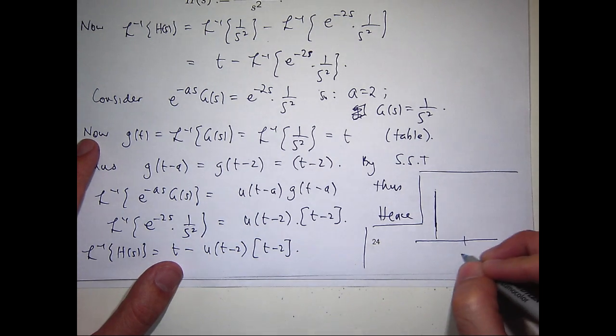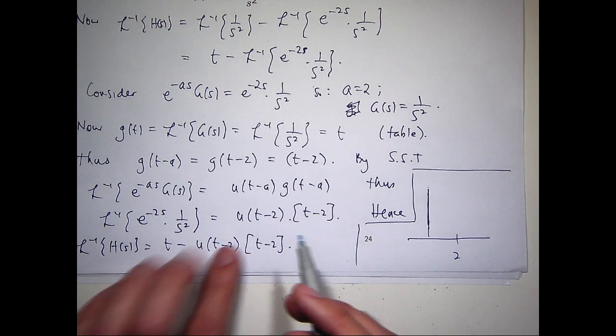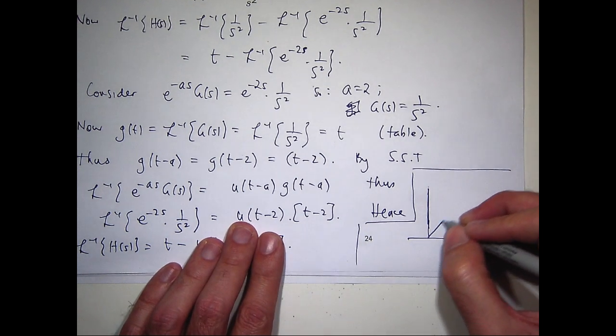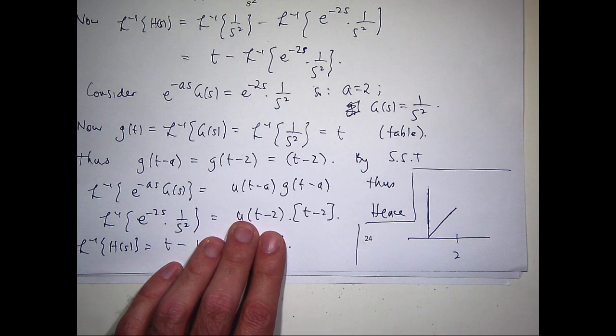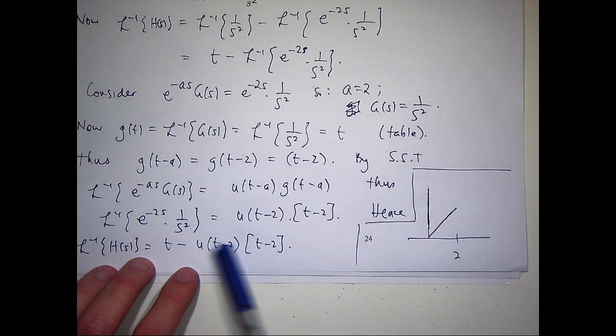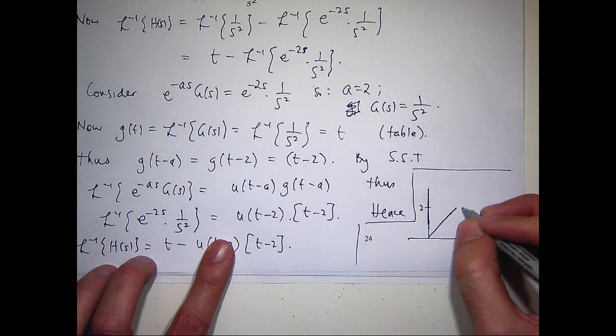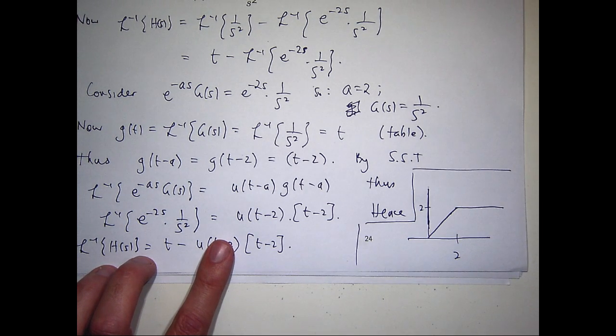The point of interest is 2. To the left of 2, this is just 0. So I'll get that. To the right of 2, this switches on, so this will become 1. So it's t minus 2, so that's just a constant.